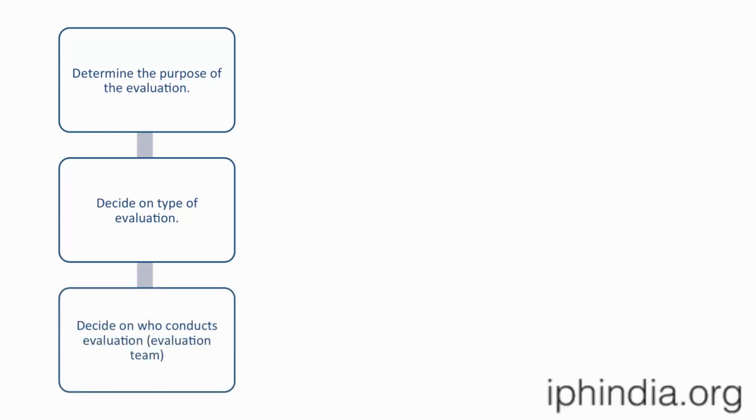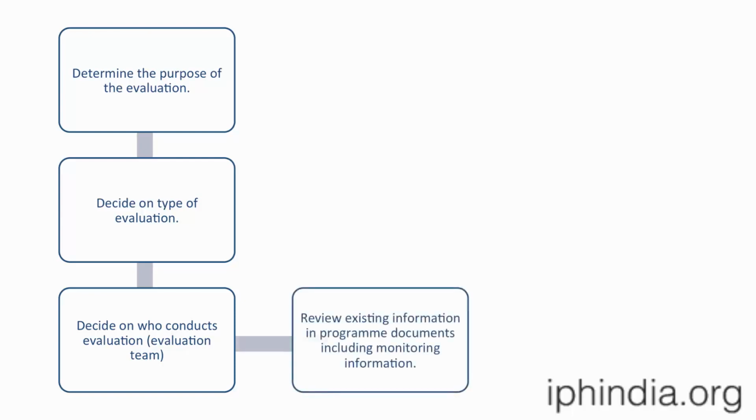Next, we decide who conducts the evaluation. What is the constitution of the evaluation team? Then, this team reviews the existing information either within the program documents or based on the monitoring information or any other additional source of information that would be relevant to the evaluation.